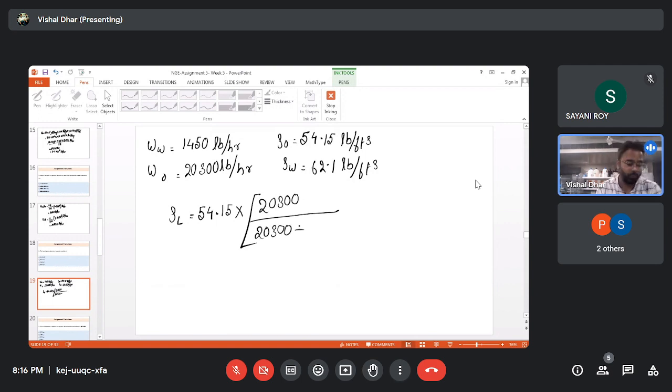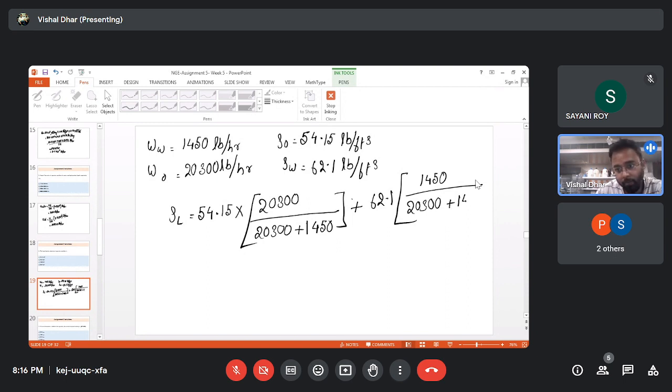20300. This is the formula for finding the density of the liquid mixture. Plus 62.1 into 1450, divided by 20300 plus 1450.